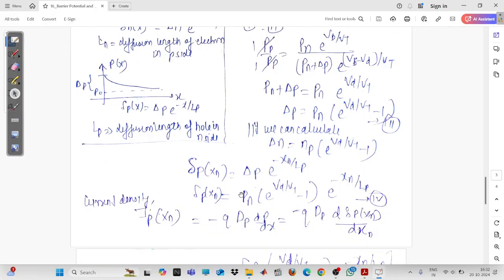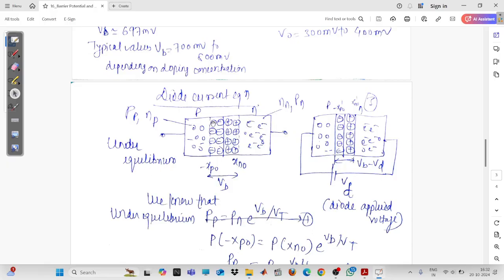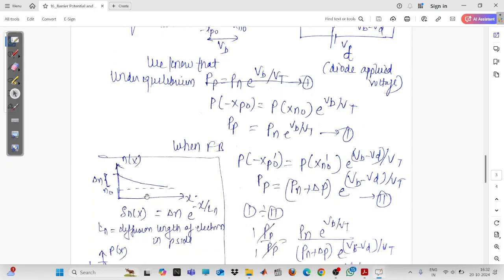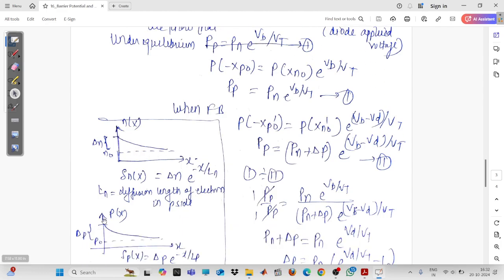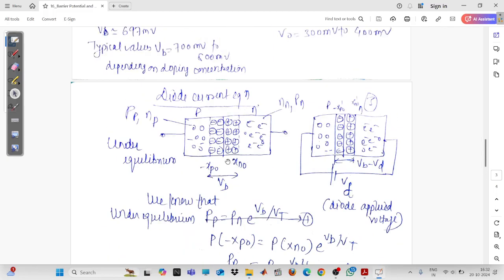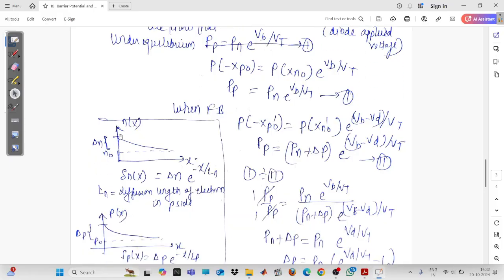Now you can see that when this hole has diffused into the n-type semiconductor, you can see this type of relation. You can see the concentration decreases, the hole concentration decreases. When electrons try to move from n-type to the p-type, you will be having this type of relation.